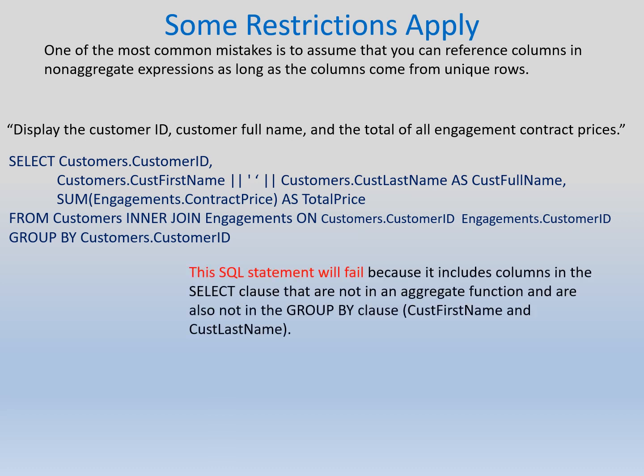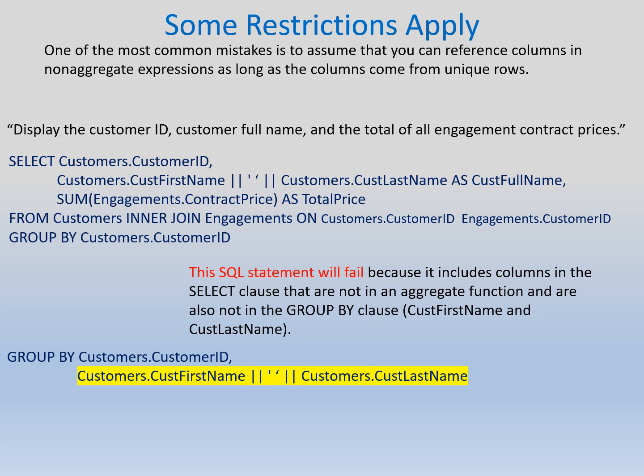This SQL statement will fail because it includes columns in the select clause that are not in an aggregate function and are also not in the group by clause. What are those columns? It is customer first name concatenated with customer last name, with the alias customer full name. Customer full name has to be in the group by clause for this to work.